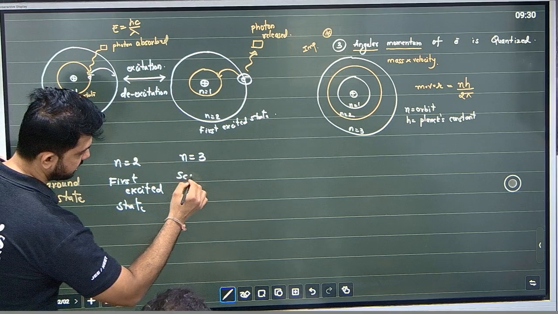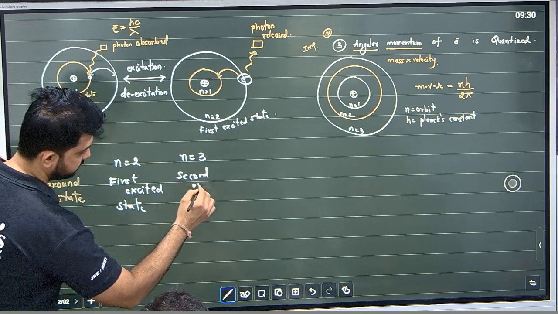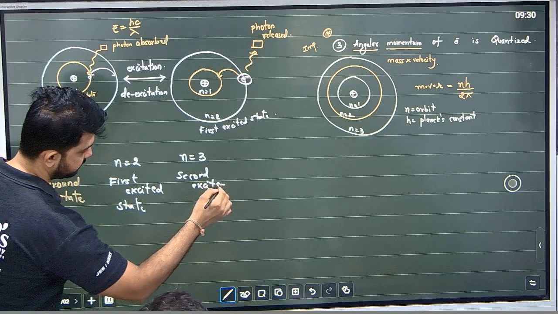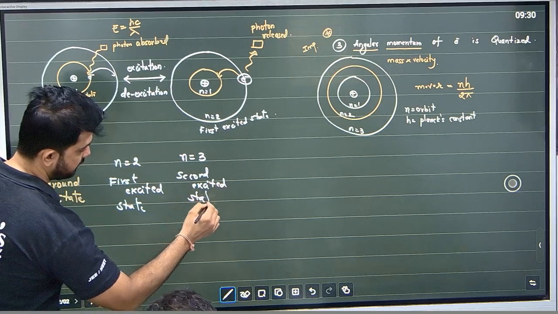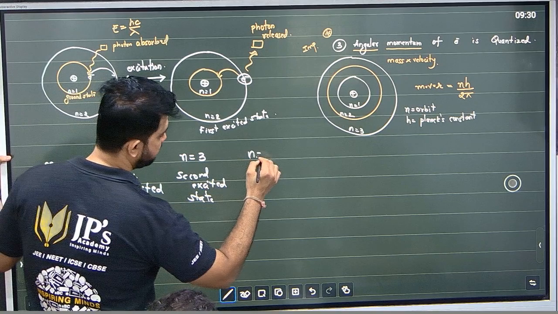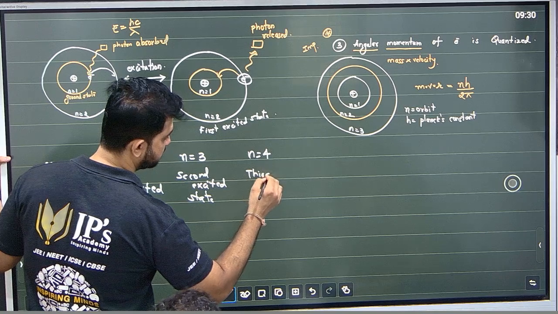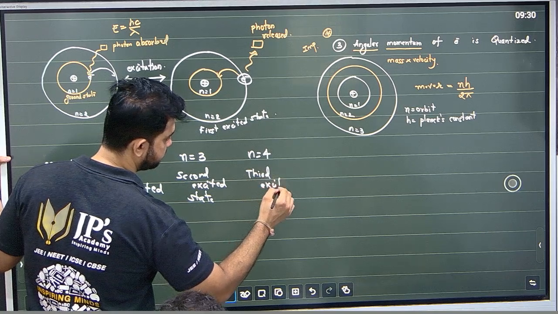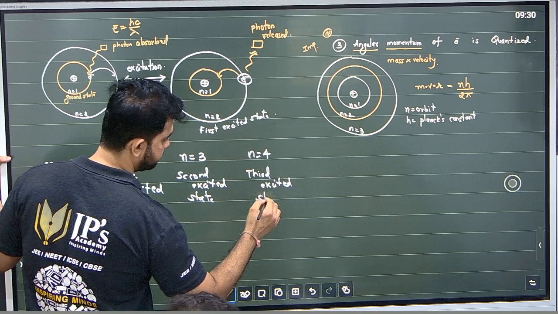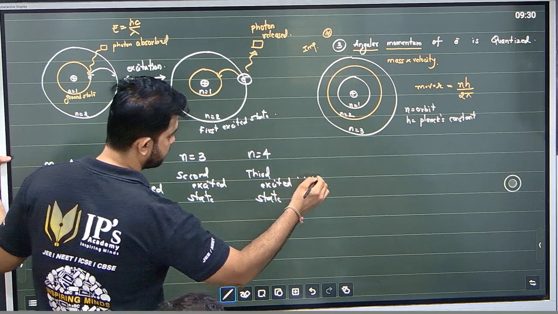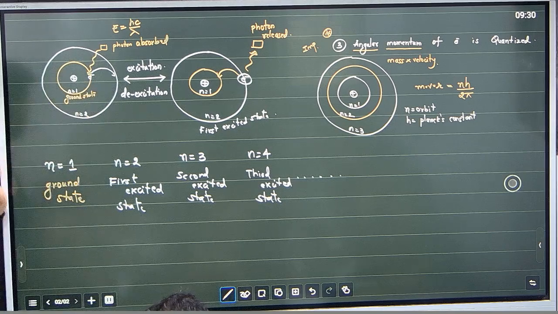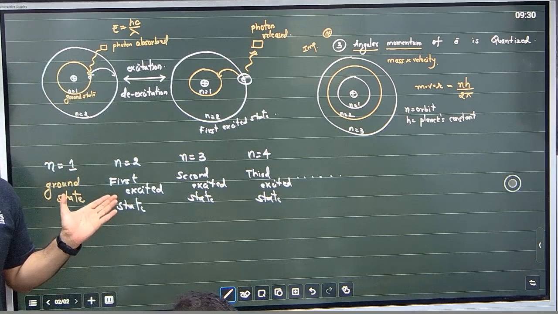Second excited state. If I take this further, n is equal to 4, what will you call this as? Third excited state. So on and so forth. Okay? The ground state is also called as stationary state.